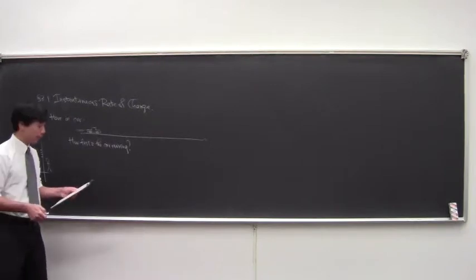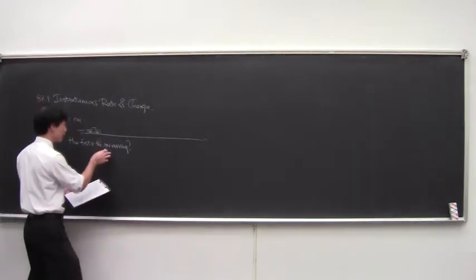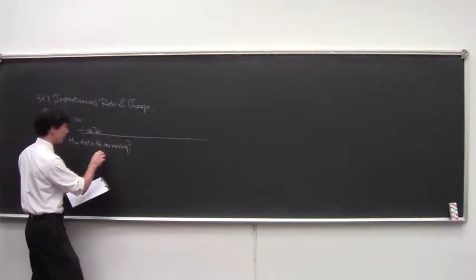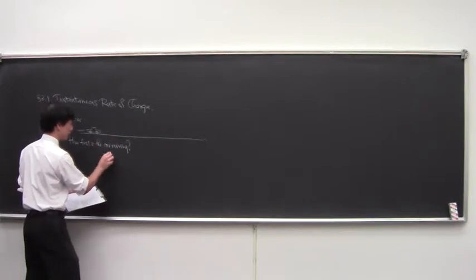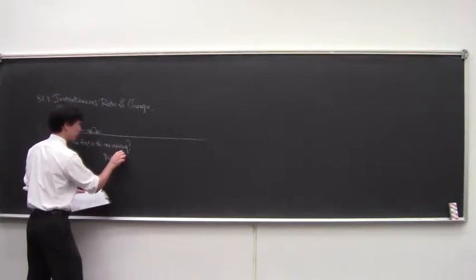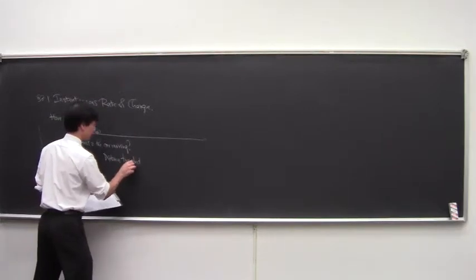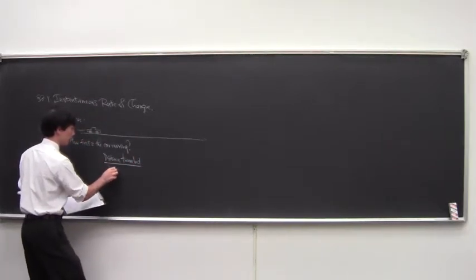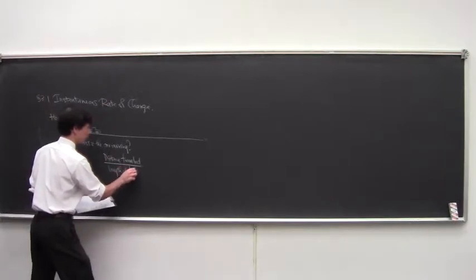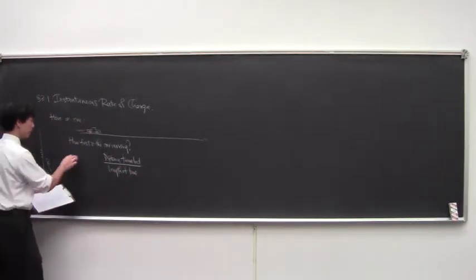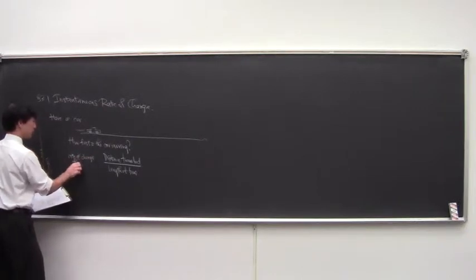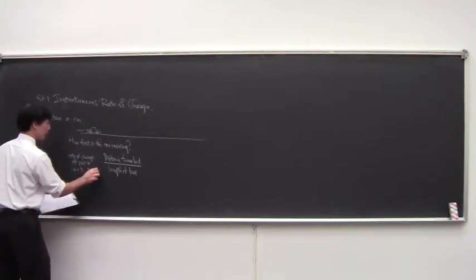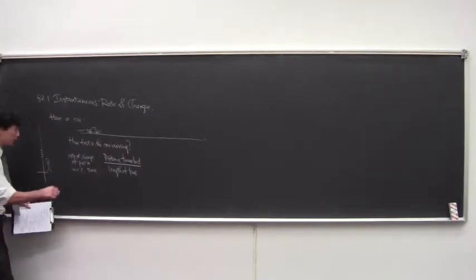In this case you're interested in, say, the velocity. Well, you'd say how far has it moved? So the distance traveled over the length of time. That's going to be the rate of change of position with respect to time, where WRT is with respect to.